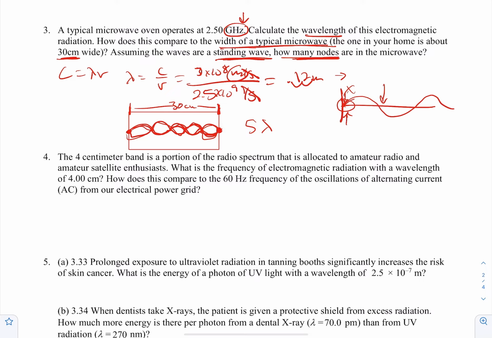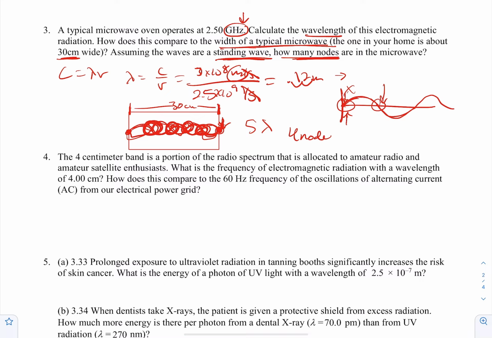When we start a wave, we actually start at zero, but we don't cross through it, and then we end up here, and we go right through zero. So that's a node. Because we're not crossing through zero right on these ends, those are not nodes. So I'm going to circle all the other nodes, 1, 2, 3, 4. Can you see those nodes right there? It's kind of messy, sorry about that, but hopefully you can tell. There are 4 nodes.